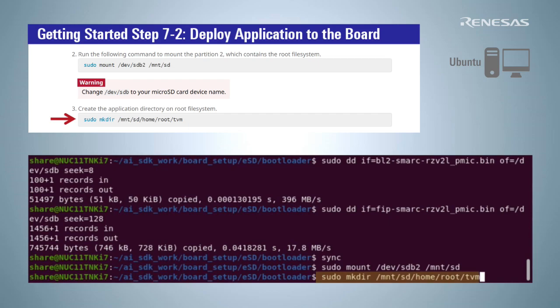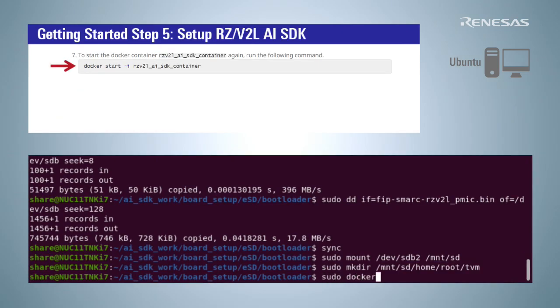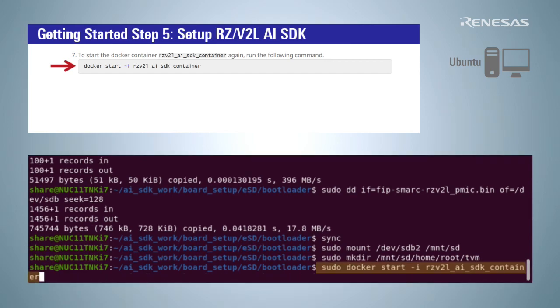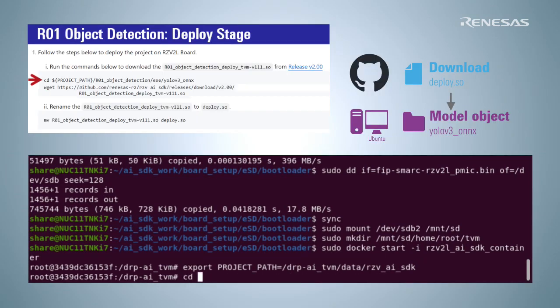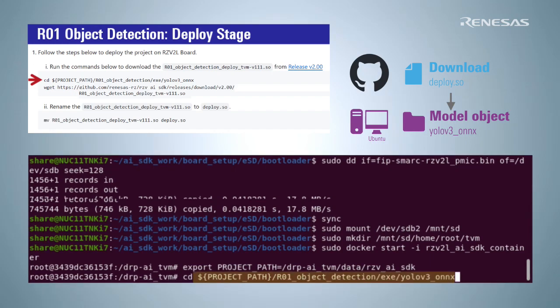Create the working directory on micro SD card. Start the container. Register the environment variable. Go to the YOLO v3.10 directory.